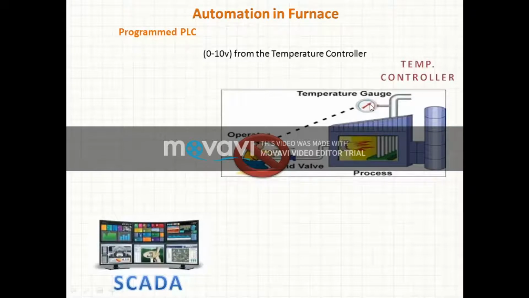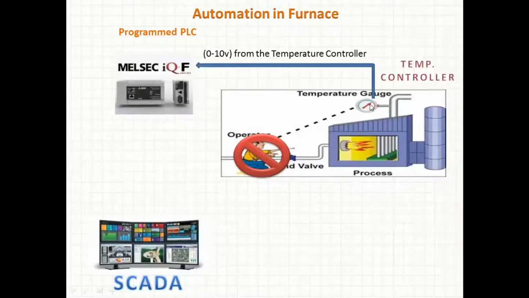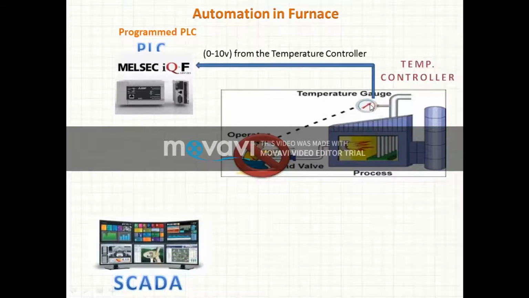What I'll do is, I'll get a 0 to 10 volt analog value from this temperature controller, and I'll give it to the PLC. So when the temperature reaches 650 degrees, I'll get an equivalent analog voltage of 10 volts to the PLC from the temperature controller.